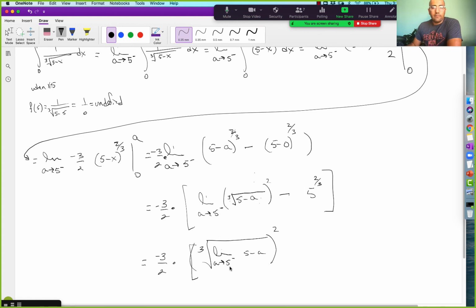As A approaches 5 from the left-hand side, it means it's going to be a number very, very close to 5, but always a little bit smaller than 5. But in this case, it doesn't really matter since you're cubing it. At any rate, this is approaching 0. The cube root of 0 is going to approach 0, and something approaching 0 being squared, that whole thing is just going to approach 0. No matter how you slice it, this whole thing is approaching 0.